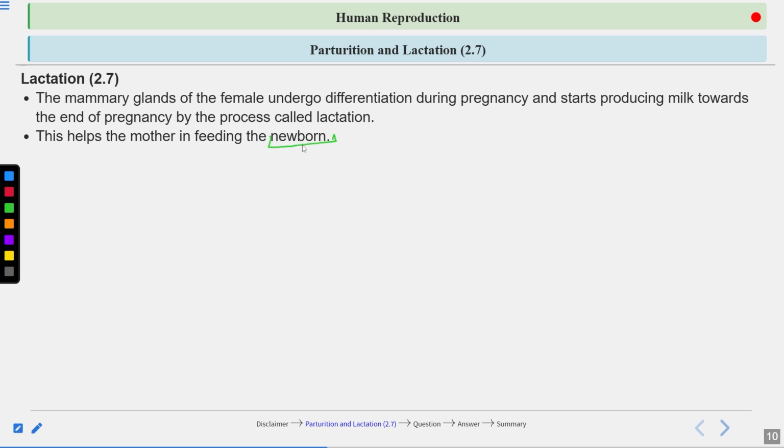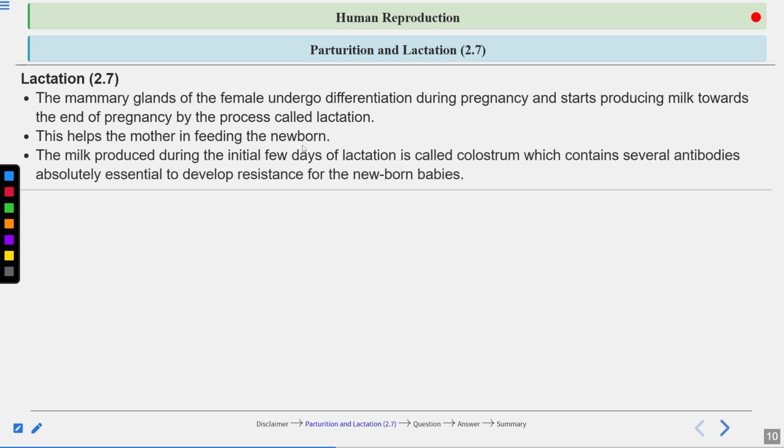So you can see colostrum is giving passive immunity to the newborn, because the antibodies produced by the mother are transferred directly into the newborn through the milk. These antibodies give protection to the newborn. Milk produced during the initial few days of lactation is called colostrum, which is quite yellow and thick.